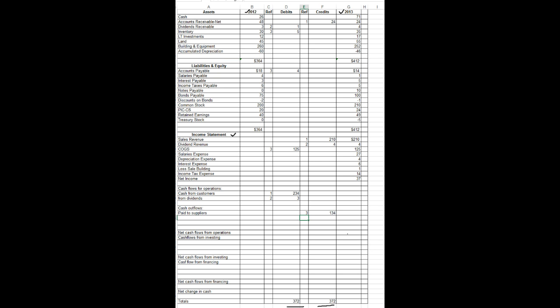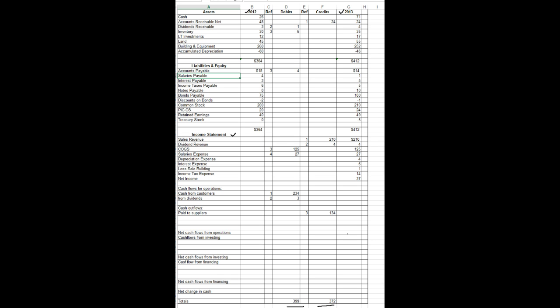So going back to our income statement, the next item up is salaries expense. And we're on transaction number 4. Salaries expense, the change in that account would have been a debit for 27, so I'll list that. And I'll go up to the balance sheet and I'll look for anything that has to do with salaries. And I see salaries payable.